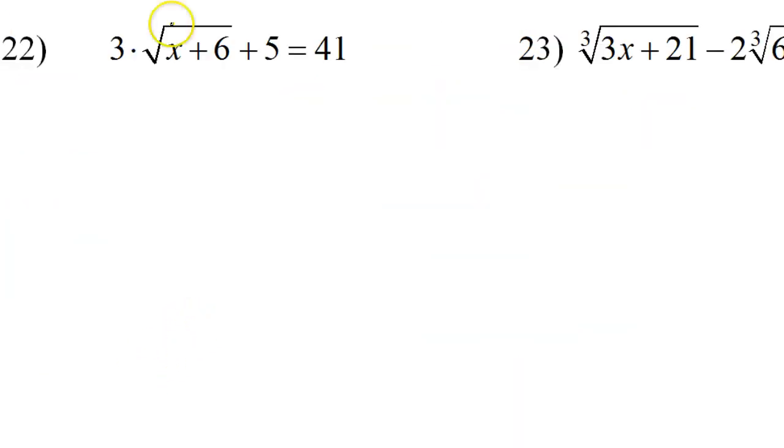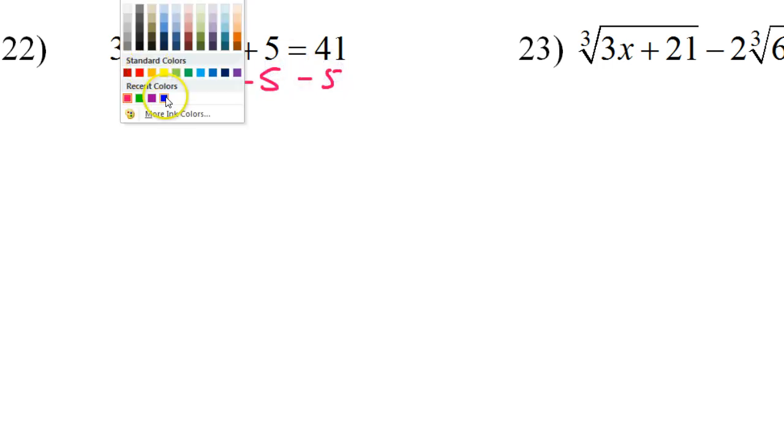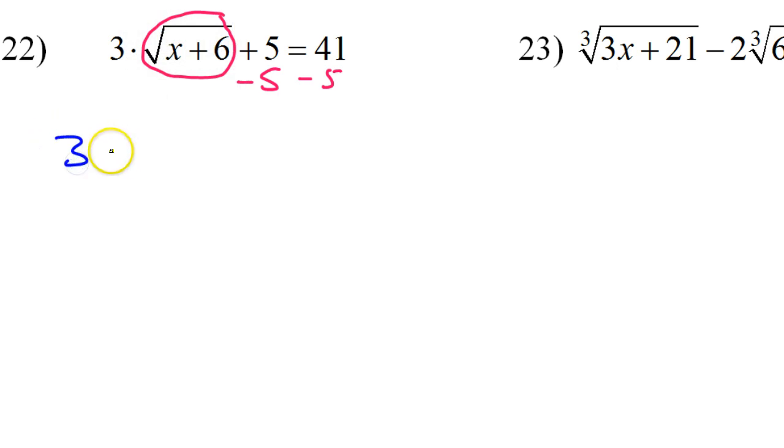All right, with number 22, we have some square roots happening, so let's be very careful. Let's start by trying to get the radical part by itself. Let's subtract 5 from both sides. That'll give us 3 times the square root of x plus 6 is equal to 36.